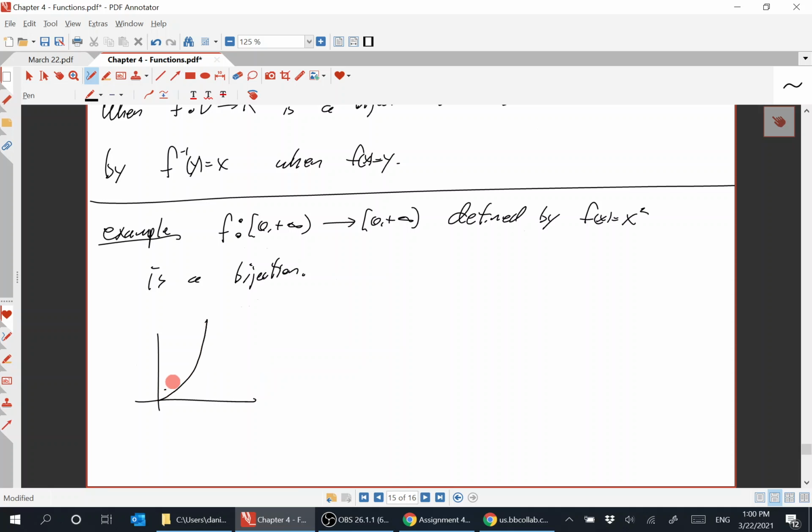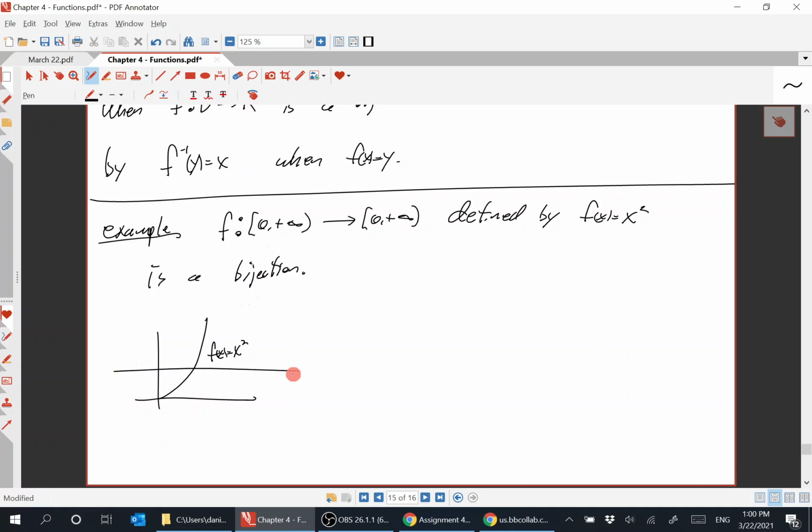So f of x equal to x squared is a bijection because it's 1-to-1 and it's onto. It passes the horizontal line test. Every horizontal line intersects it exactly once, over this range here, 0 to plus infinity. So f defined by f of x equal to x squared is a bijection.